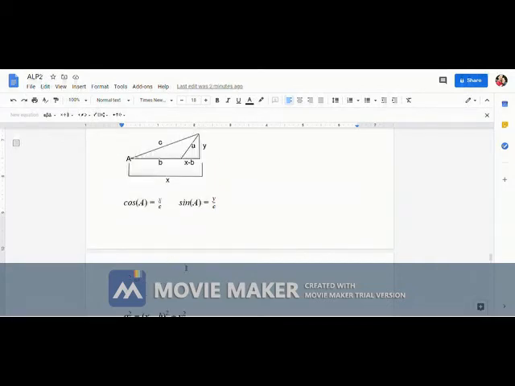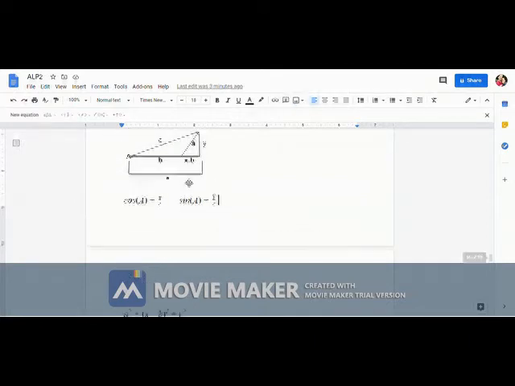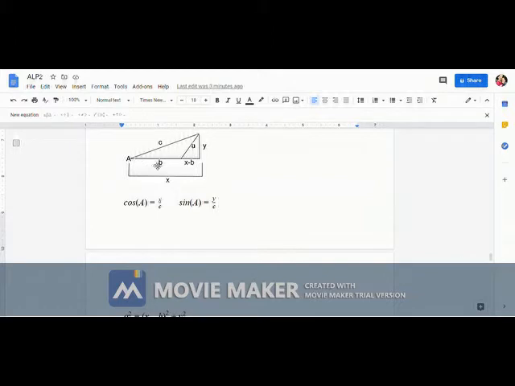So with this right triangle, thanks to the Pythagorean Theorem, we know that x minus b squared plus y squared equals a squared. We can also use that cosine a equals the adjacent x over c, the hypotenuse, and sine a equals y over the hypotenuse.